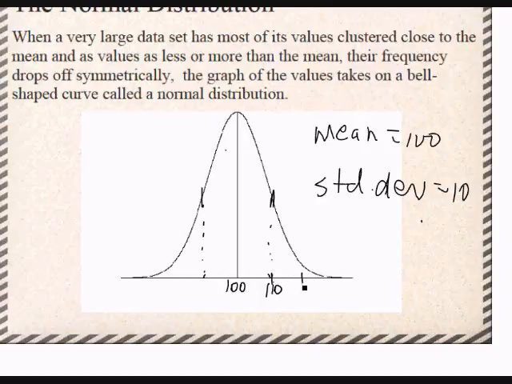Then here's 120, and a little further on, 130. There is 100 minus the standard deviation, 90. Then I take away another 10, 80, 70. So what it's saying is that the bars over here at 130 are very short. There's very few of those. The frequency is very small. And the bars here at 100 are stacked very high. There's a very large frequency of those at 100.